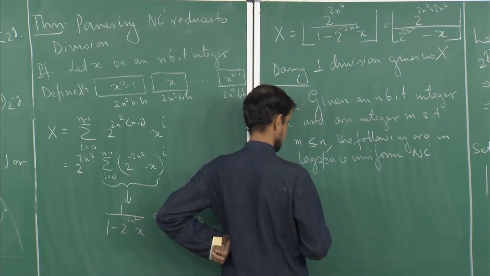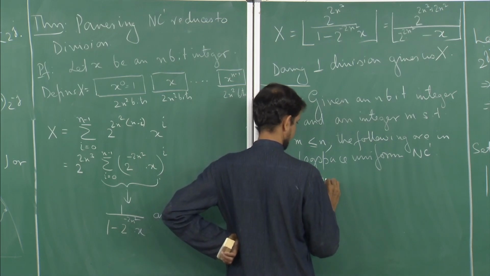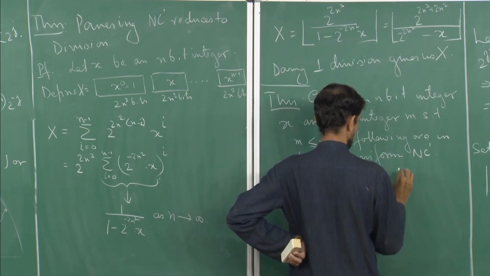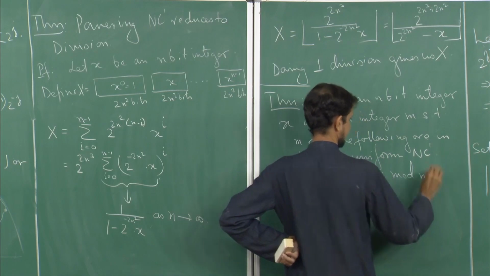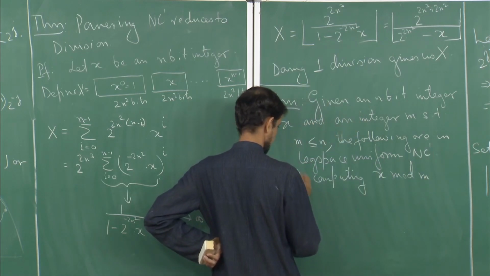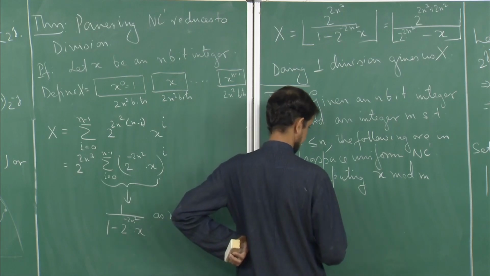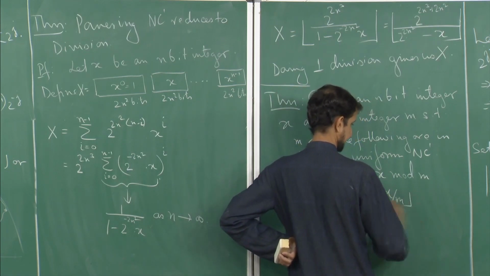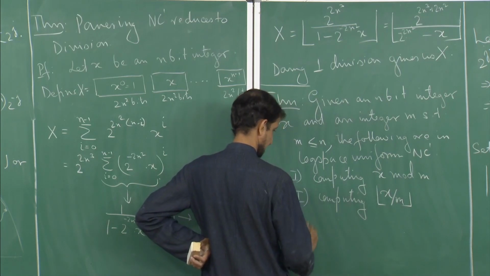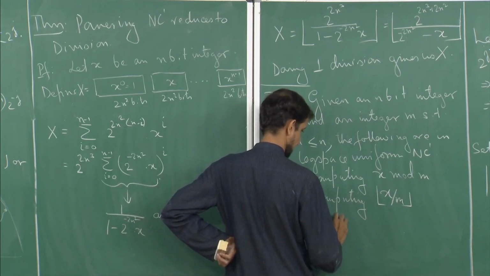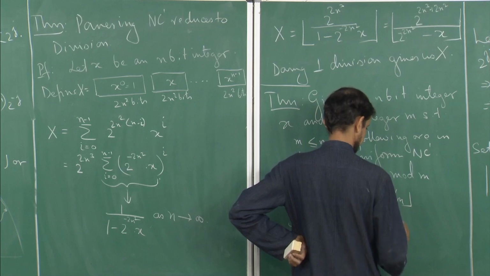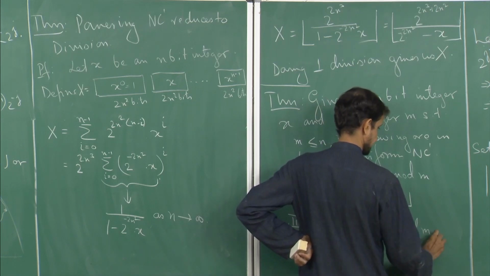The first one is computing x mod m. Second is computing x divided by m, and the third is computing x inverse mod m.